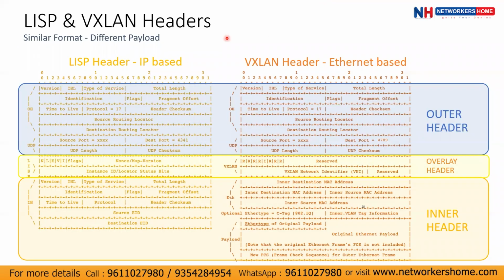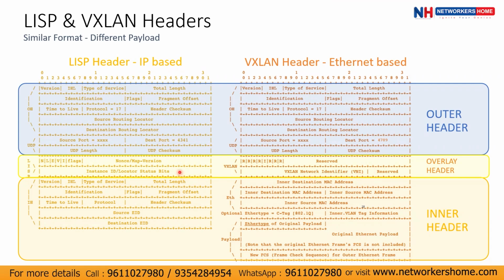Sorry for that. So I was talking about these two headers. The initial part is the same for both headers, LISP as well as VXLAN, the outer header. The key difference between these two headers is that here we are using the virtual network identifier, which means your VRF information.